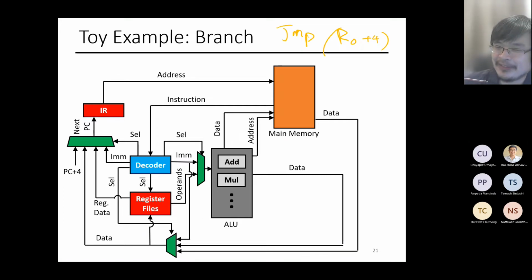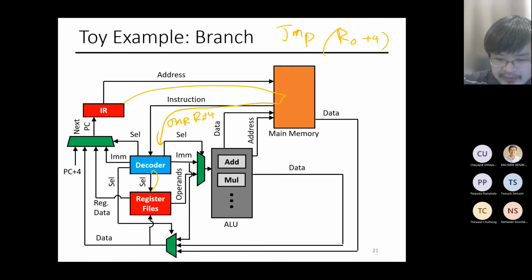What does this mean? It means I want my next PC, the PC in the next cycle, to point to R0 plus 4, not PC plus 4, right? So it basically goes into here, you fetch jump R0 plus 4, right?